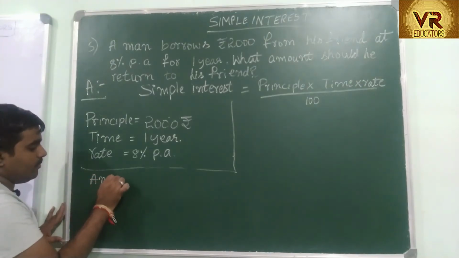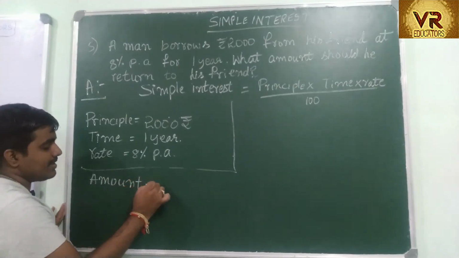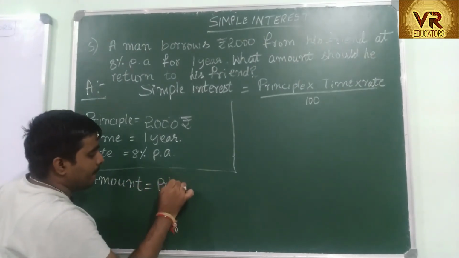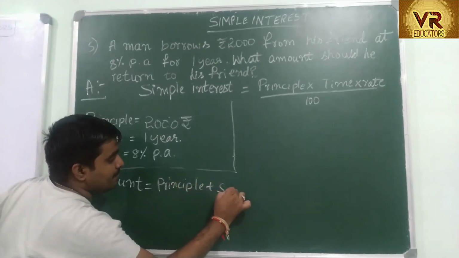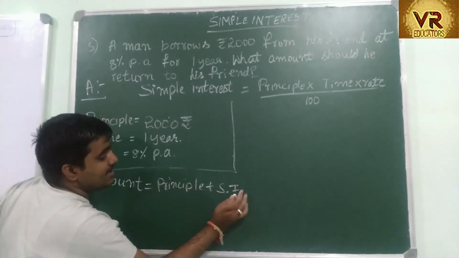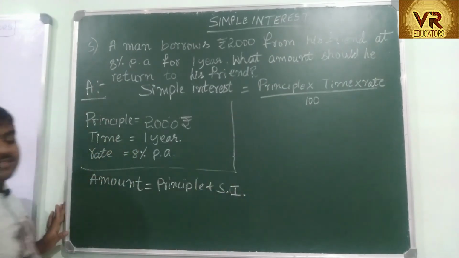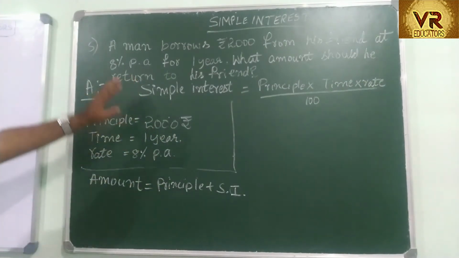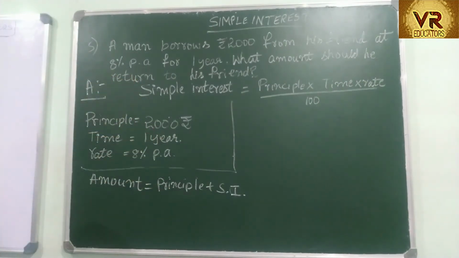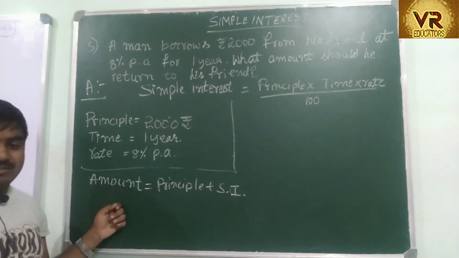Amount is equal to principal plus simple interest. Simple interest is not given in your question, so we have to find the simple interest first. The principal is given, that is 2000 rupees. You have to find the simple interest, then apply this.